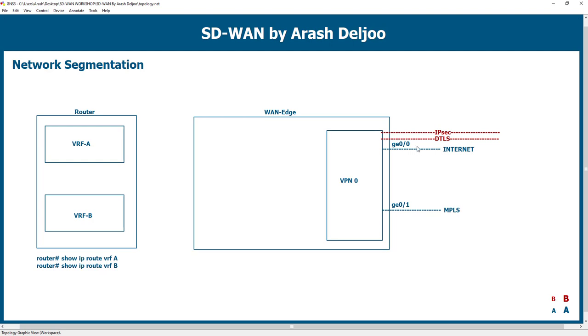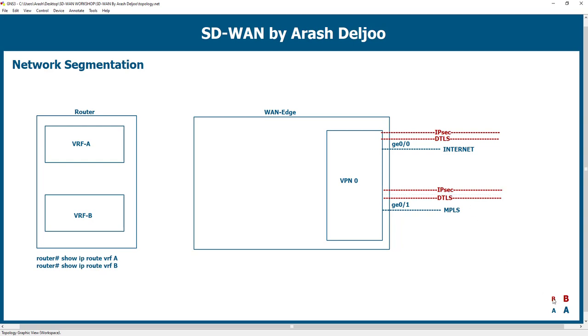All of the tunnels we have in SD-WAN are established over VPN 0, over the physical interface connected to VPN 0. This is the transport side of a WAN edge, or maybe you say it's VPN 0.